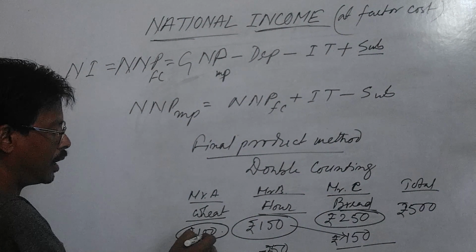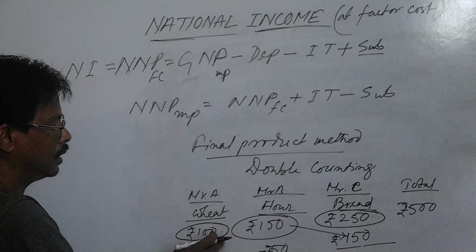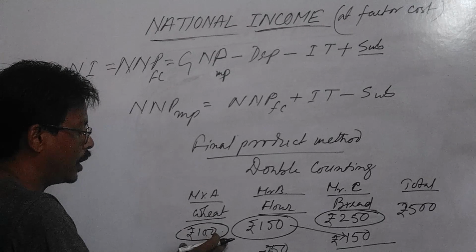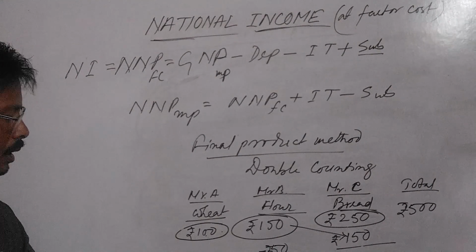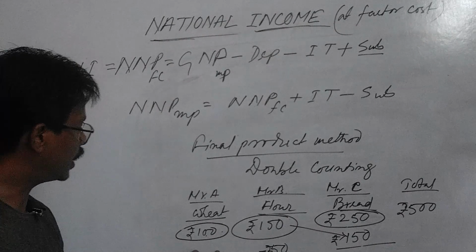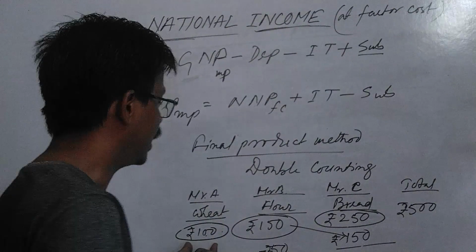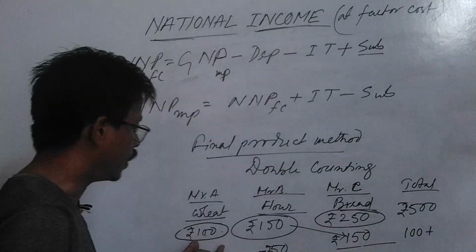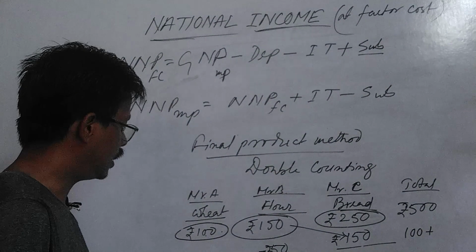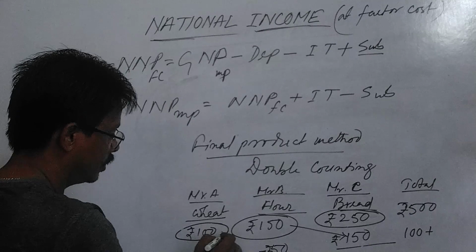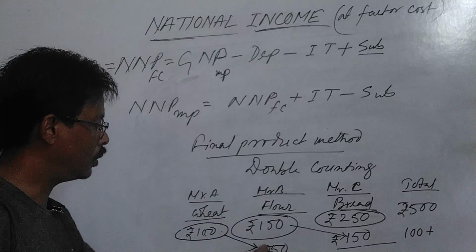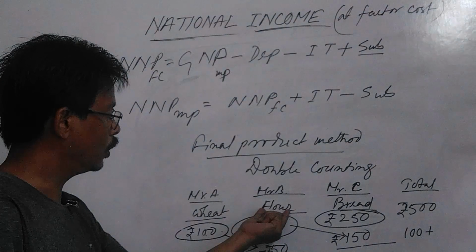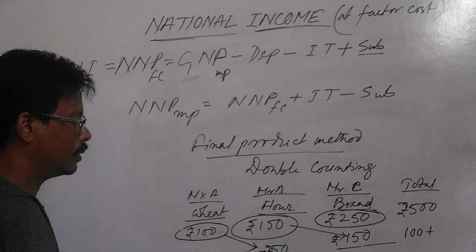Here already in 100, when we are calculating wheat, we have already obtained 100, wheat without any use of raw materials, wheat worth rupees 100. Actually the final production of wheat is 100, out of which wheat worth rupees 50 is used by the flour producer to make flour.